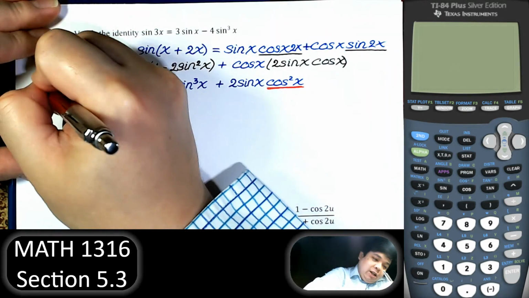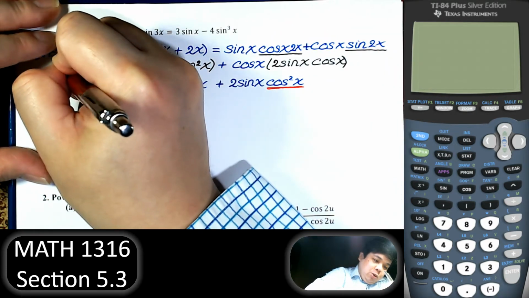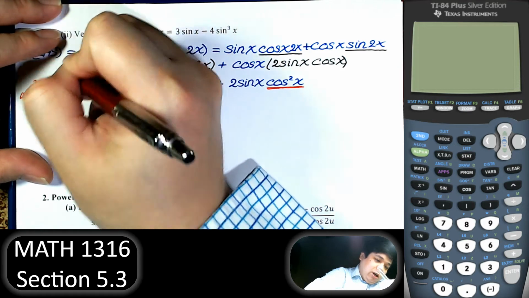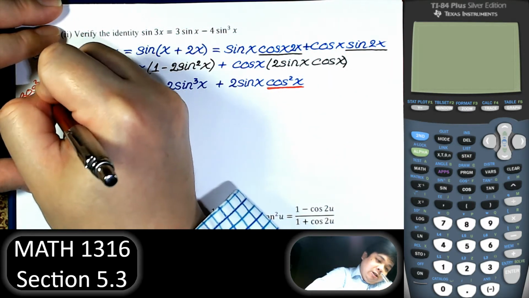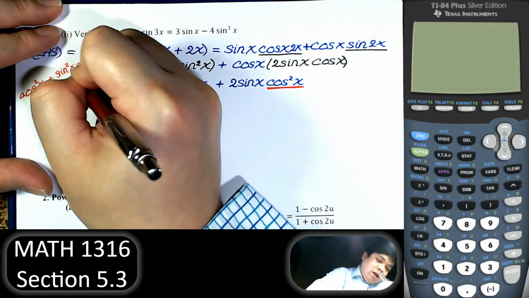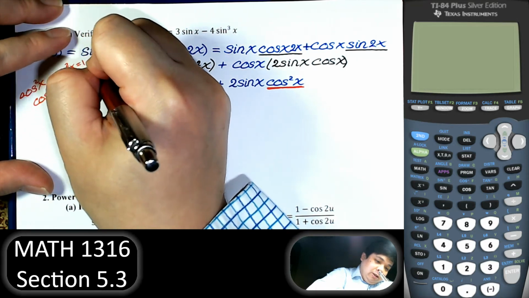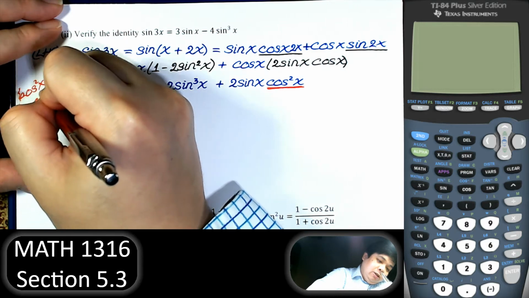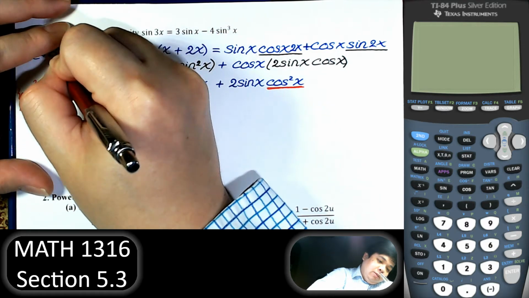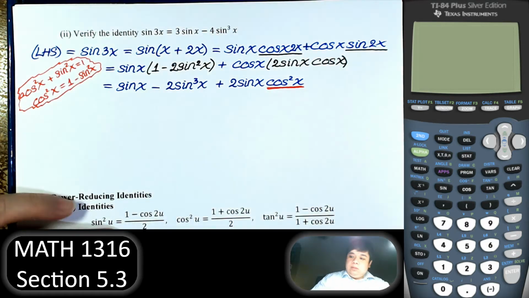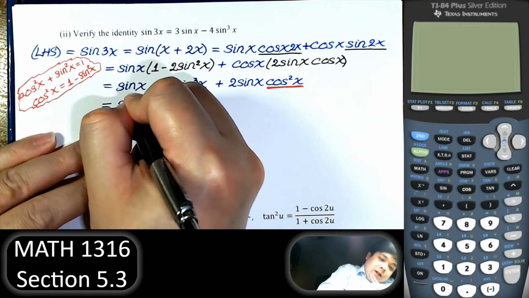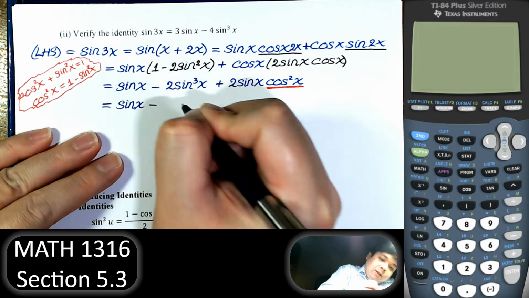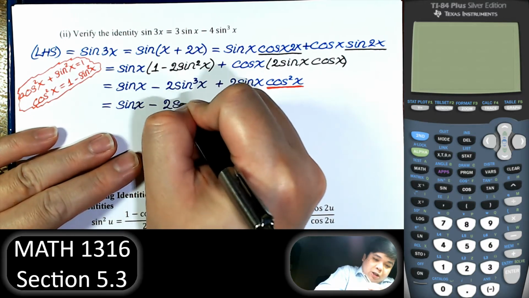Cosine square plus sine square is 1. So we want cosine square is equal to 1 minus sine square. So that's sine x minus 2 sine cube.